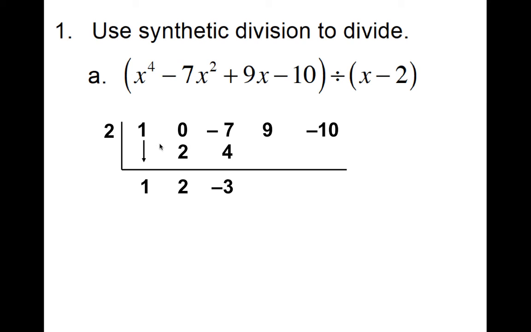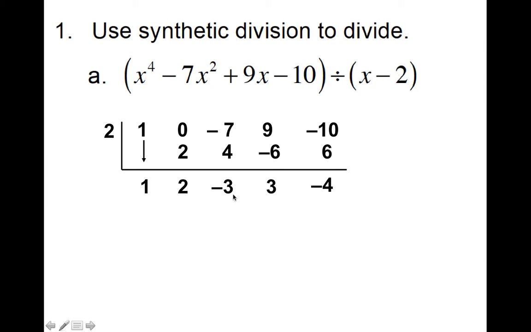Then we multiply. 2 times negative 3 is negative 6. Adding 9 plus negative 6, we get 3. Then we multiply. 2 times 3 is 6. And then we add negative 10 plus 6 and get negative 4.